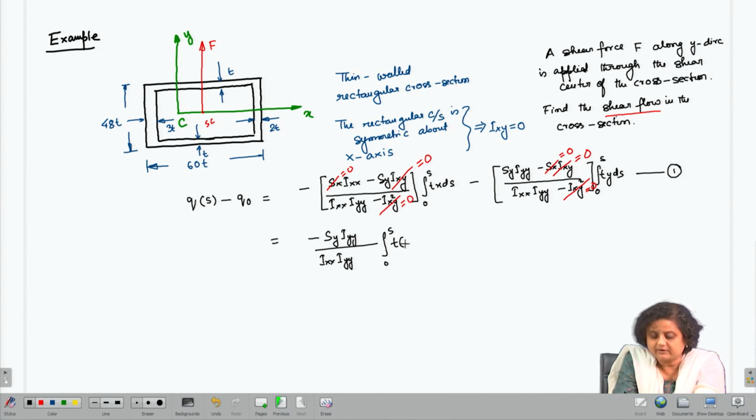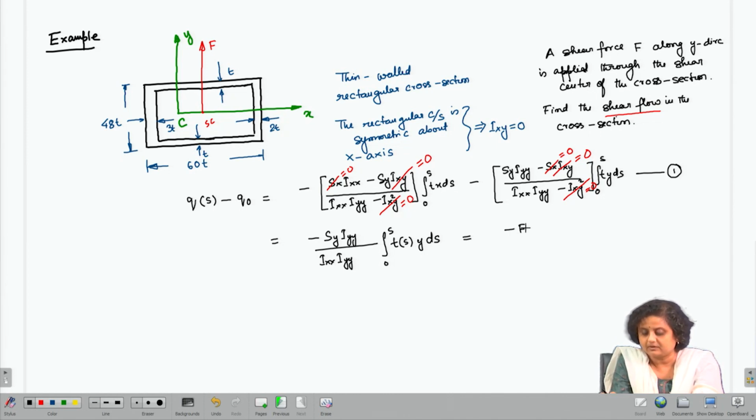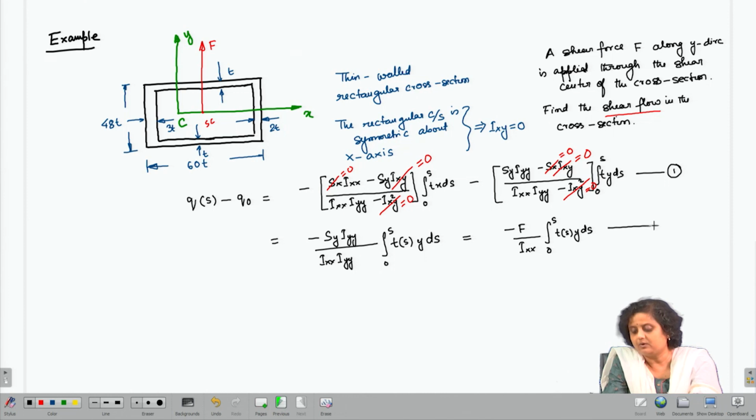So, t is a function of s, t is not uniform unlike most of the examples that we have solved. So, this is t y into t s. Now, let me substitute S y is f, and then I have I x x left here and then 0 to s t s y t s. So, let me call it as equation 2.